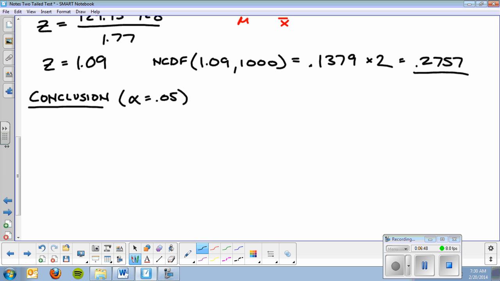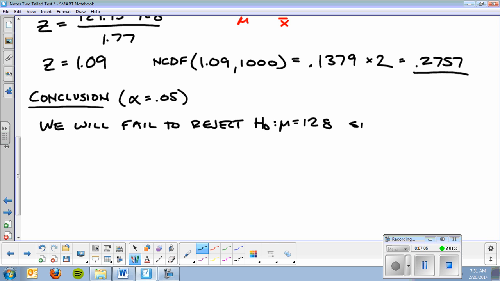Our conclusion: we fail to reject H sub 0, mu equals 128, since our p-value 0.2757 is greater than 0.05, which is our alpha level.